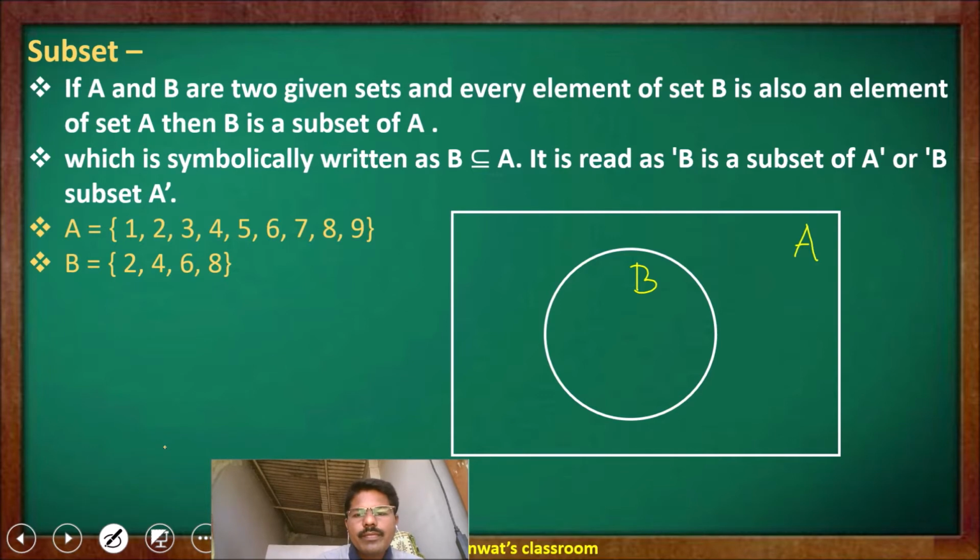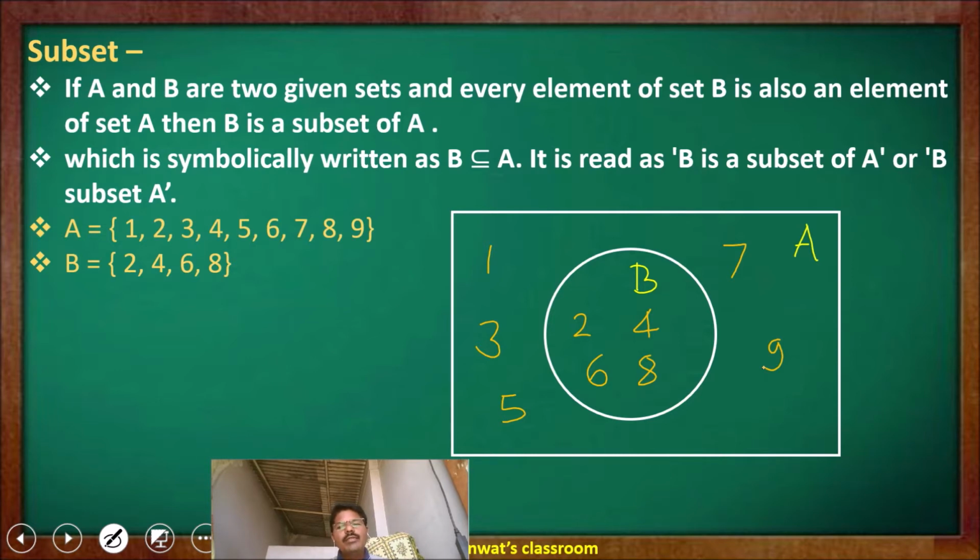First set B. Set B has elements 2, 4, 6, 8. And the remaining elements of set A are 1, 3, 5, 7, 9, which are in set A. So in this way B is a subset of A, and this can be shown using a Venn diagram like this.